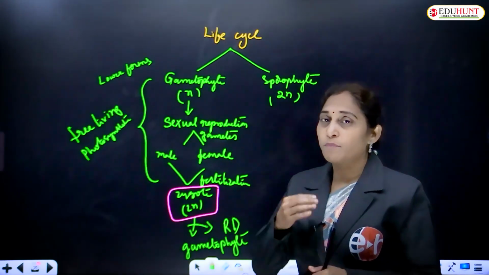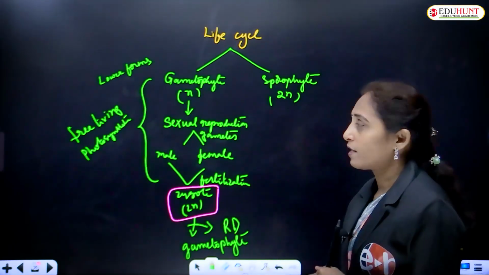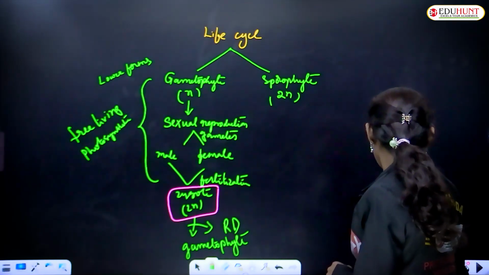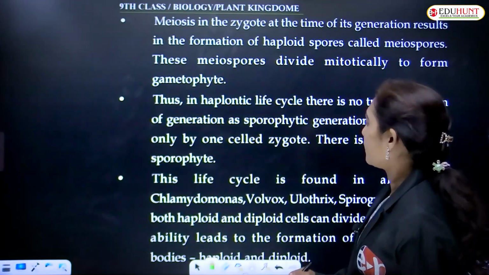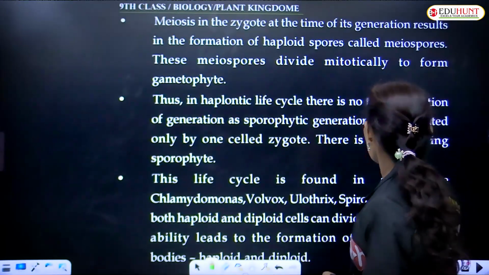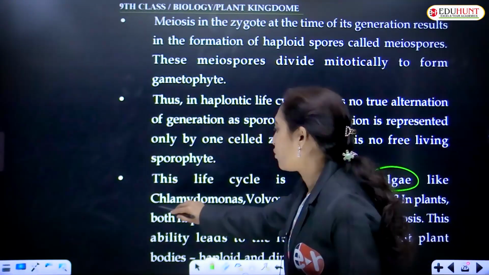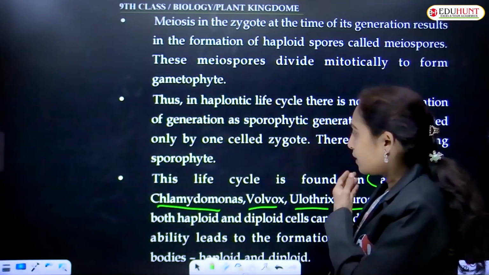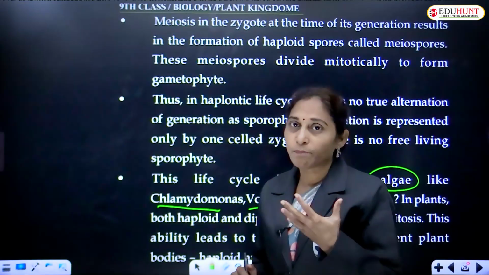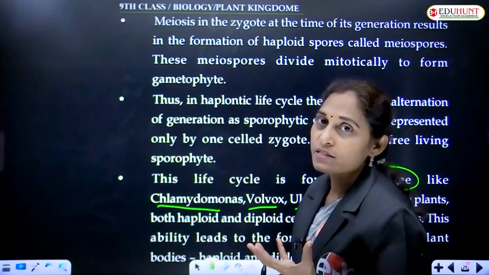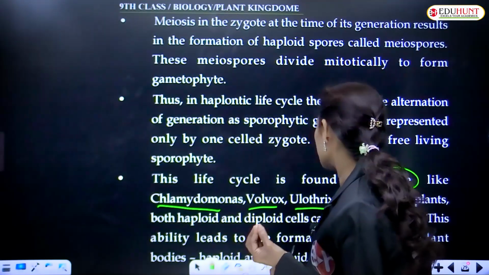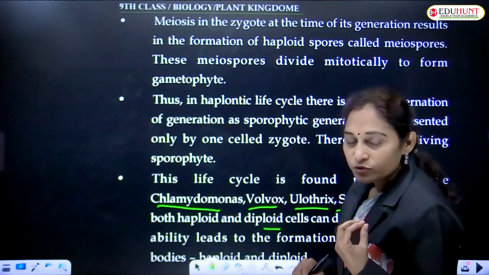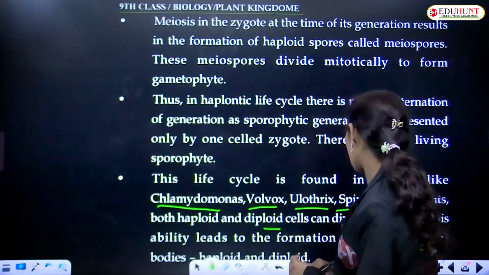The zygote phase, that is the diploid phase, is very short-lived. That is why this kind of life cycle is said to be the haplontic life cycle. It is found in algae like Chlamydomonas, Volvox, Ulothrix and Spirogyra, where the diploid zygote is very short-lived.